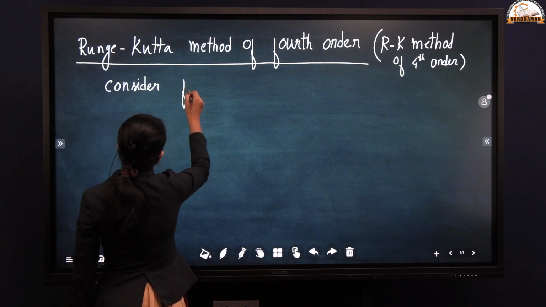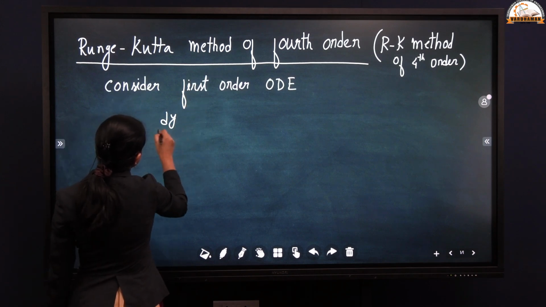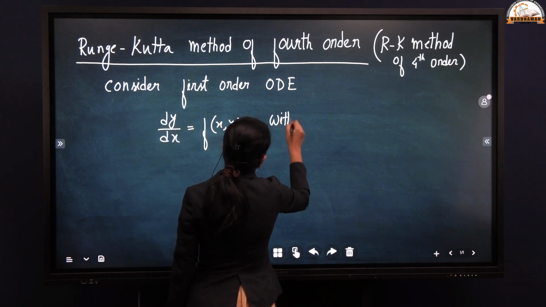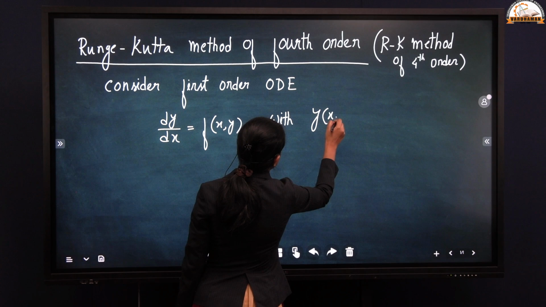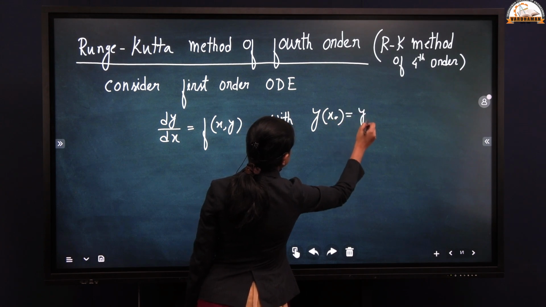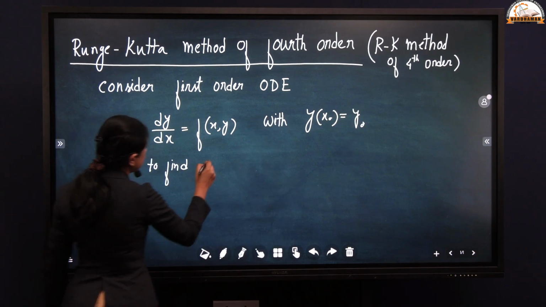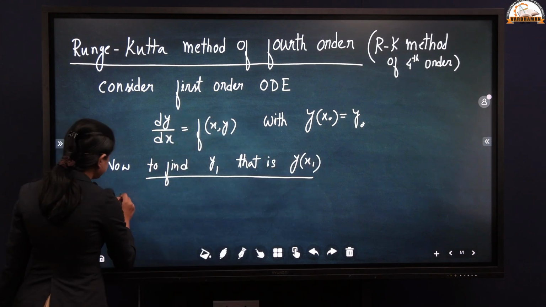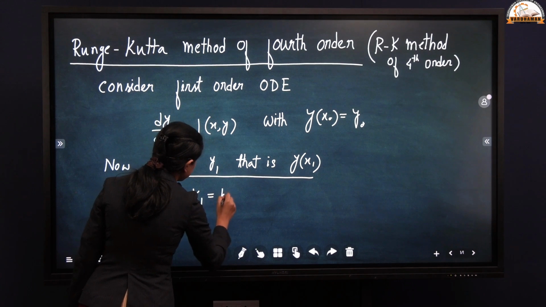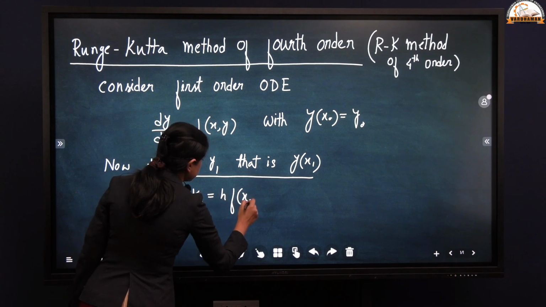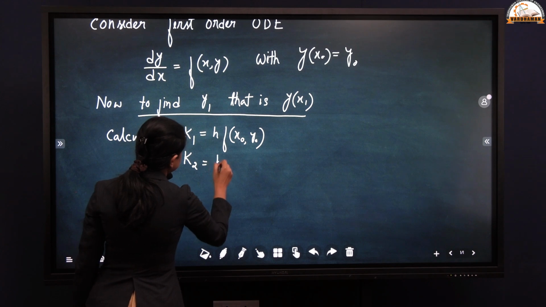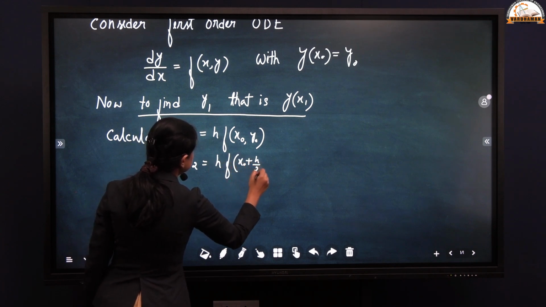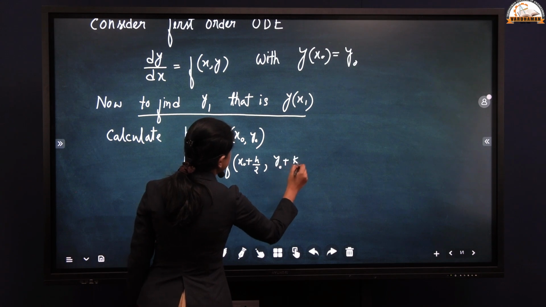Consider the first order ODE dy by dx equal to f of x, y with initial condition y at x naught equal to y naught. Now to find y1, that is y(x1), we will first calculate k1, which is given by h f of x naught, y naught. k2 is h into f of x naught plus h by 2, y naught plus k1 by 2.